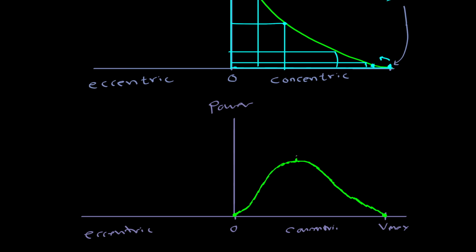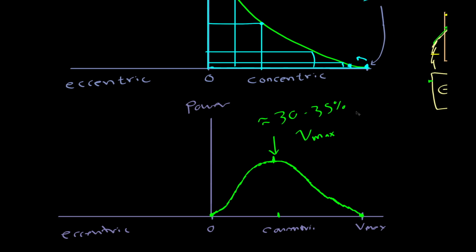And it turns out that, of course, what we're interested in is what is the contractile velocity when we maximize power. It turns out that that point is at about 30 to 35% of that maximum shortening velocity. So this has some important implications for training.